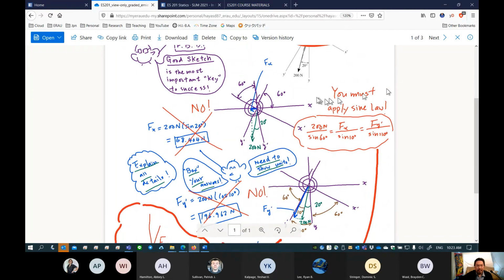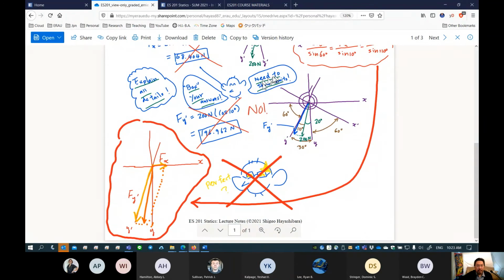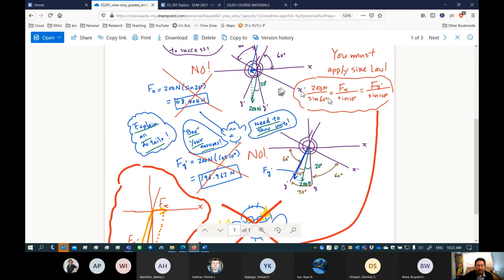And looks like this is a very wrong solution, huh? Even though Ernie Bird insists: explain all details, box your answers, show units. Yeah, they're all correct, but you're doing the wrong thing. You must apply sine law. We're going to cover that in section 1A.